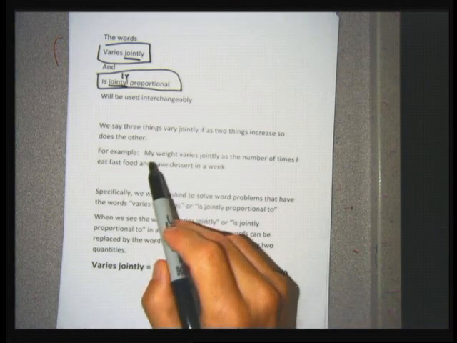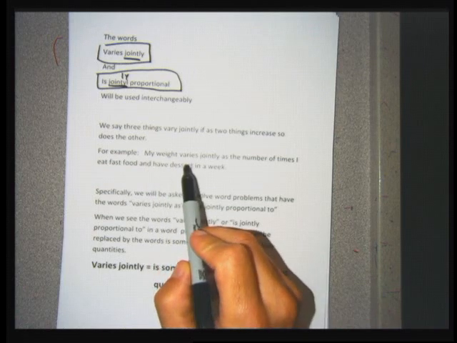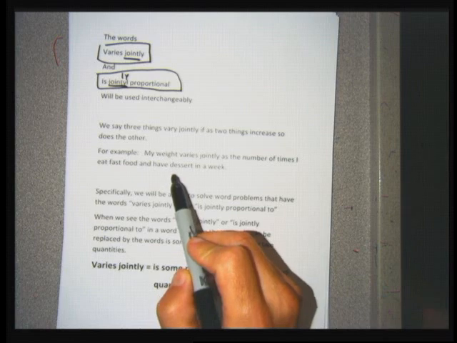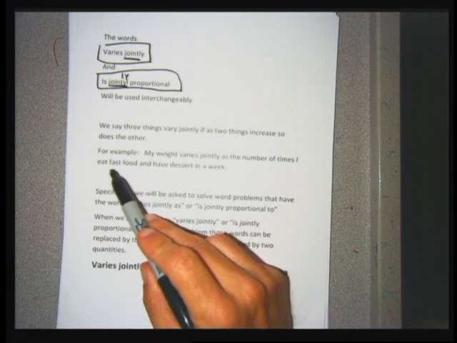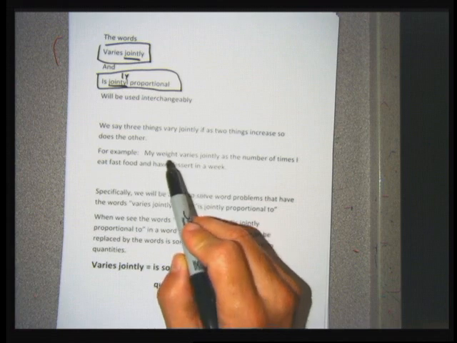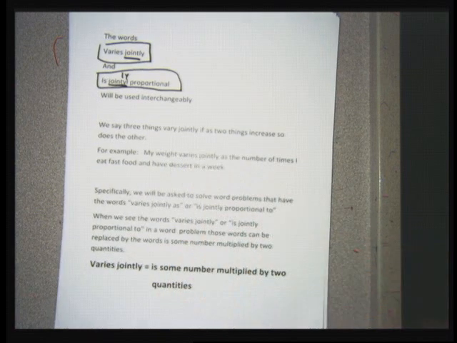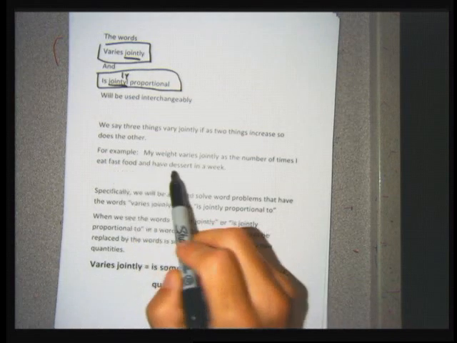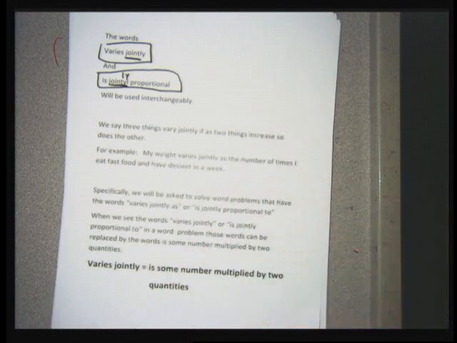And I wrote an example. My weight varies jointly as the number of times I eat fast food and have dessert in a week. So if I eat a lot of fast food and a lot of desserts, my weight is going to go up. The more of those I eat, the more my weight goes up. And similarly, the less fast food I eat and the fewer times I have dessert, the lower my weight might be.